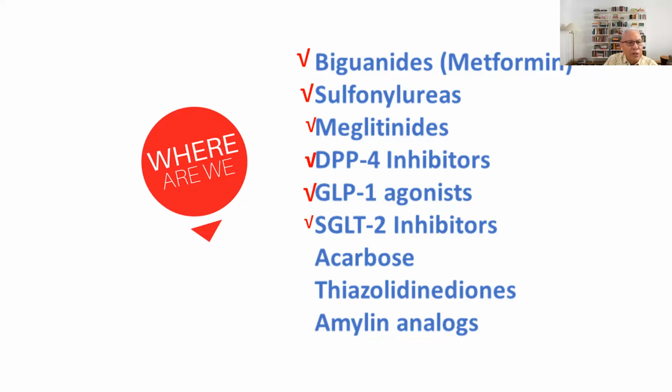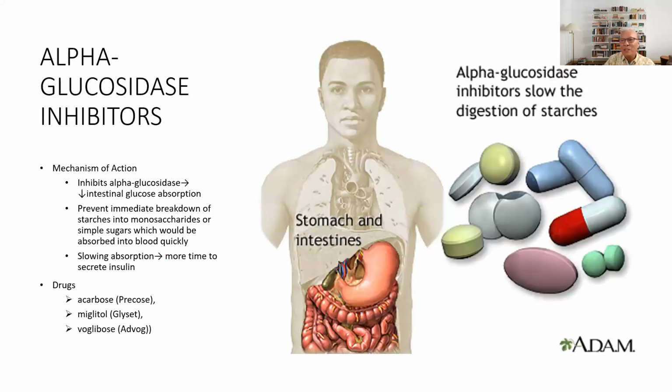The sulfonylureas and your meglitinides work by stimulating the pancreas to release more insulin. And the DPP4 inhibitors and the GLP1 agonists work in the gut. And the SGLT2 inhibitors work in the kidney. And now let's take a look at what acarbose does.